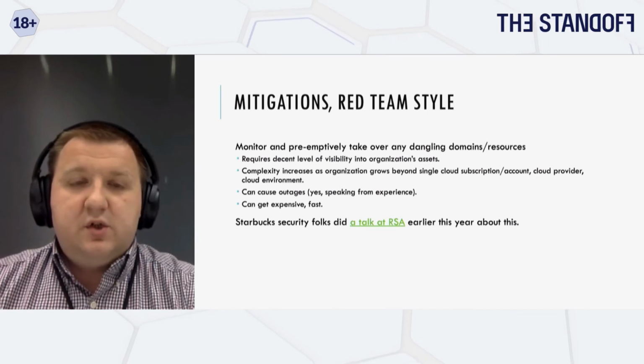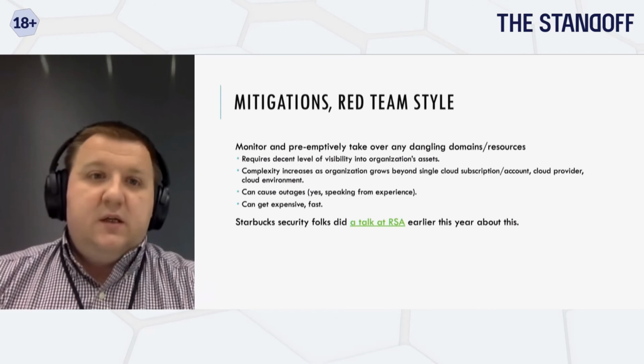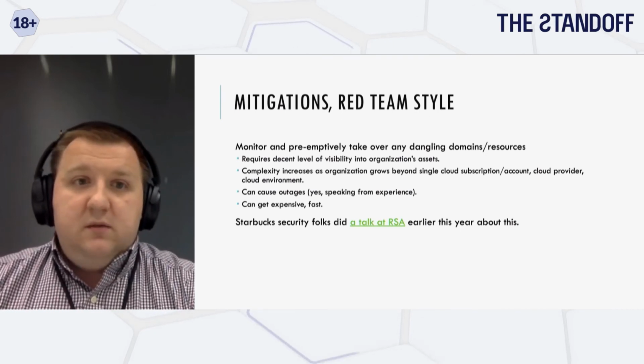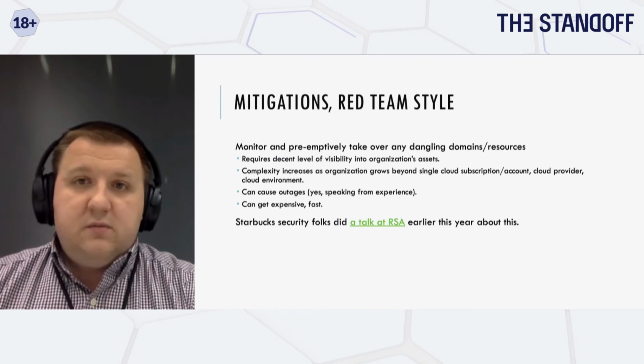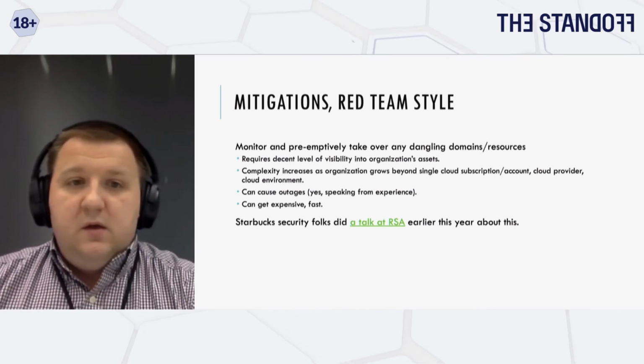Now the red team style mitigations are here. One of the effective ways to do it is to become an attacker. Simply to monitor all your domains, all your DNS zones, and the moment you identify something that's dangling, either take it over or do something else about it.